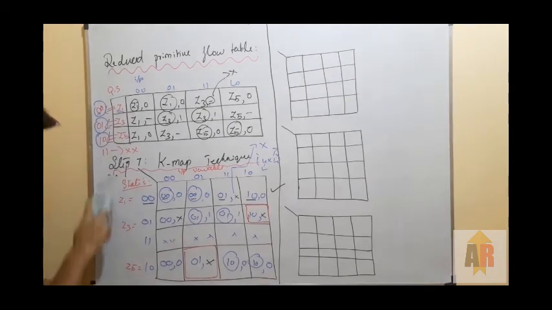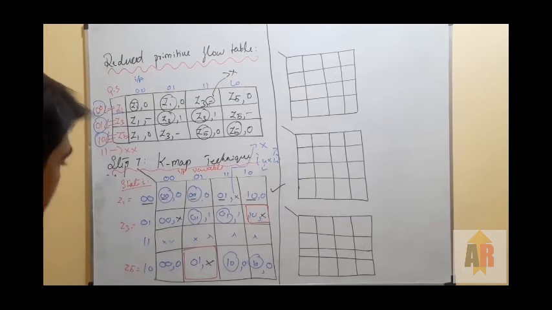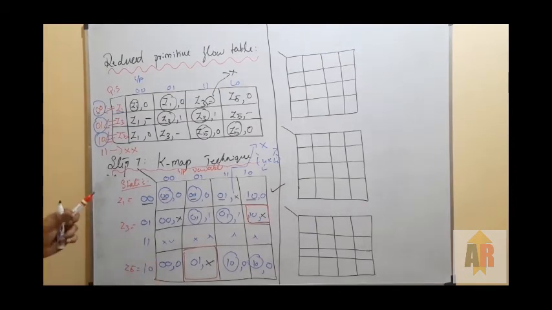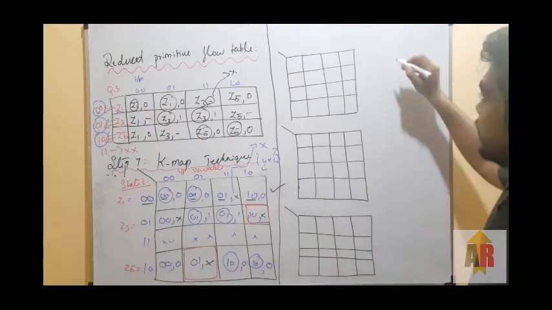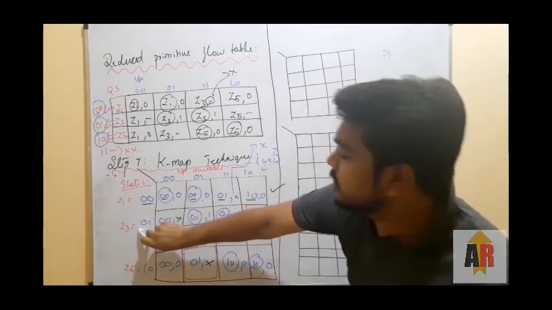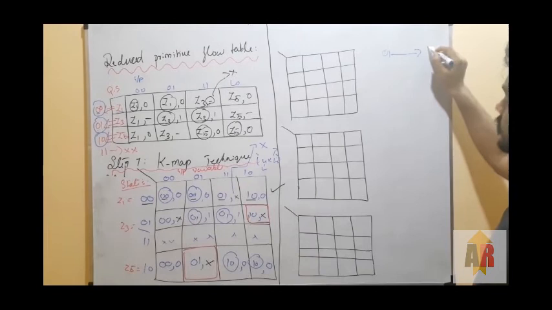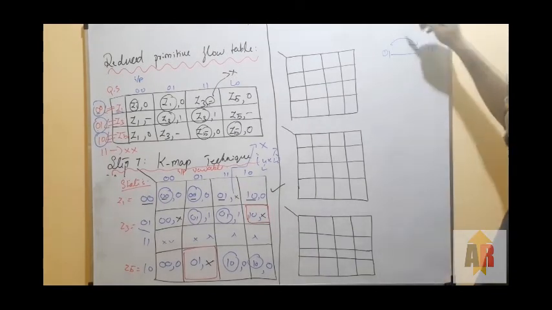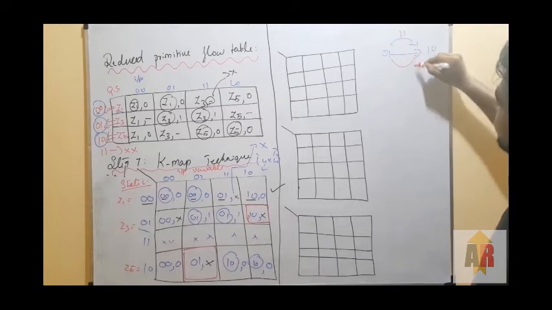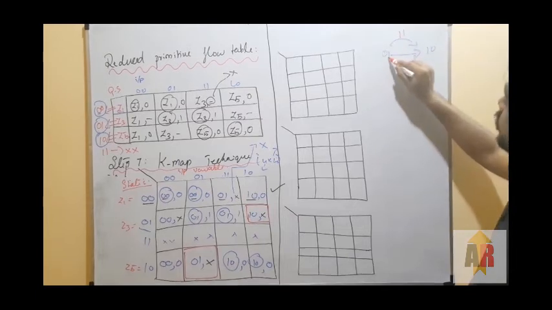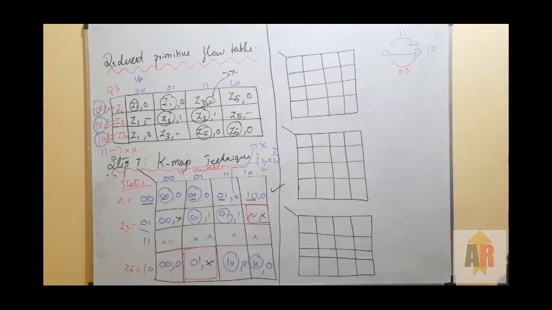Now what I am going to do is a small thing. The same race condition concept I am going to apply over here, so please watch carefully so you can get some clarity. This can't change directly to 1 0, but it can change after converting to 1 1, or after converting to 0 0, which means 0 1 to 0 0 and then to 1 0 is possible. No race condition issues will be there.